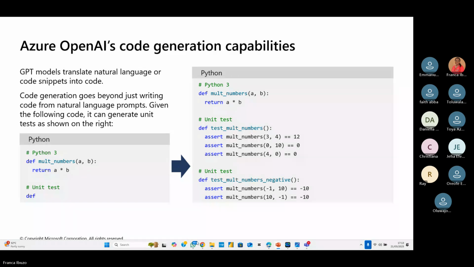Because it says you should multiply A and B, that's what I'm doing here. Multiply negative numbers gives you that. So you can generate this.